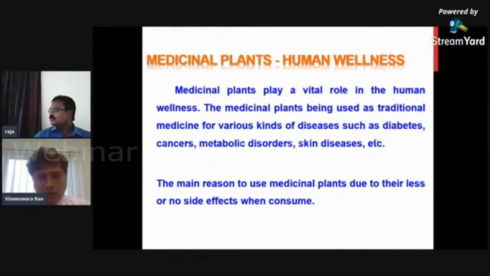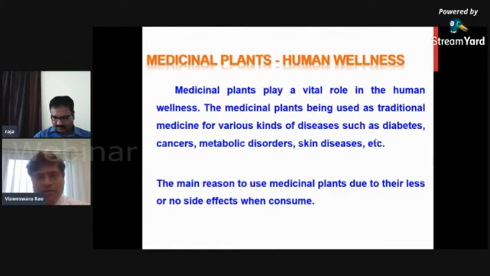As we all know, Ayurveda, Siddha, Unani, and other complementary and alternative medicines play a bigger role in ameliorating the complications of diseases such as diabetes, cancers, and other metabolic disorders. The main reason to use medicinal plants is their less or no side effects when consumed. That is number one.